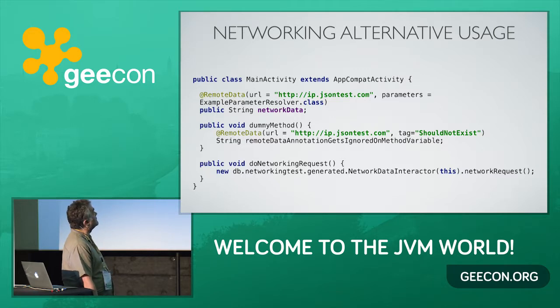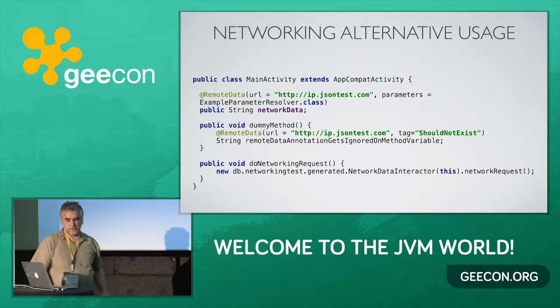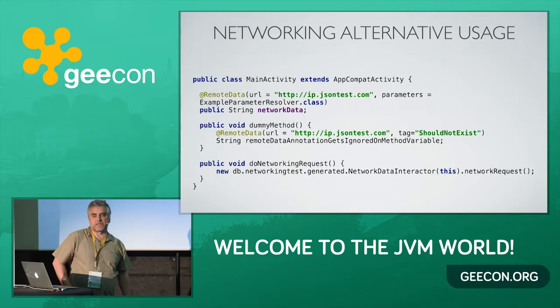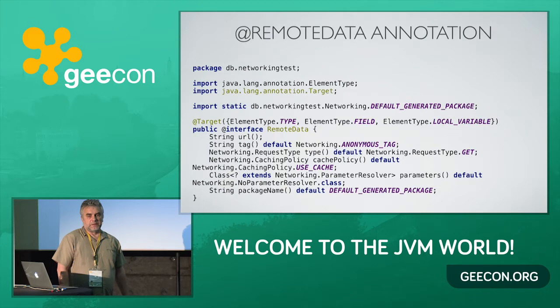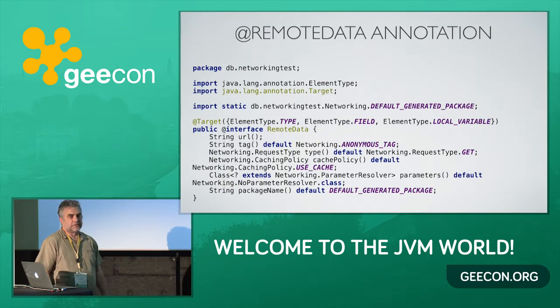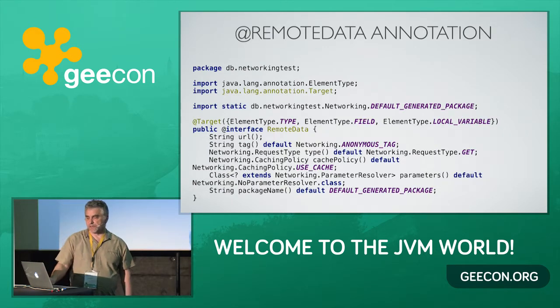So it's even easier than that, but the annotation needs to be on the variable. If it's on the class and you forgot to implement remote success or remote error, this is part of the contract we have, and that's a cool thing that you can eventually enforce. We'll look into that later.